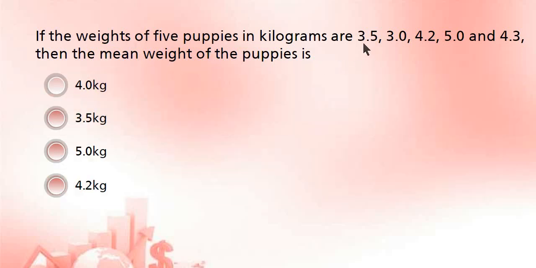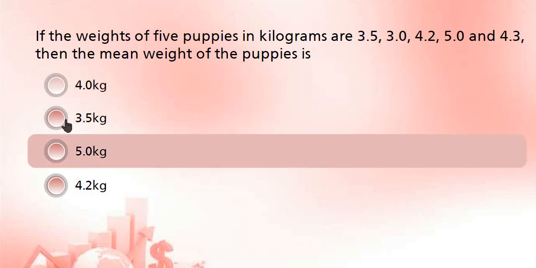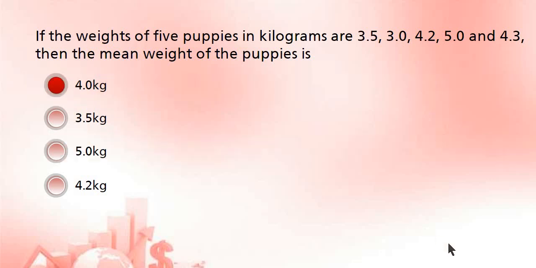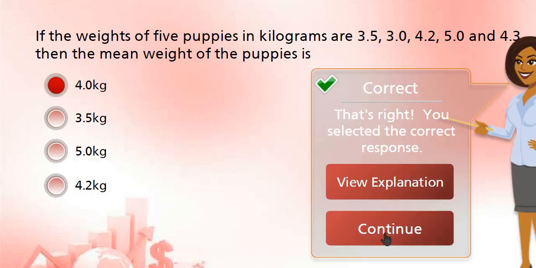So simply add 3.5 plus 3.0 plus 4.2 plus 5.0 plus 4.3. Once you are done, divide your answer by how many they are. How many numbers are there altogether? There are 1, 2, 3, 4, 5. So sum them up and divide by 5. Your answer will be 4 kg, which is A.